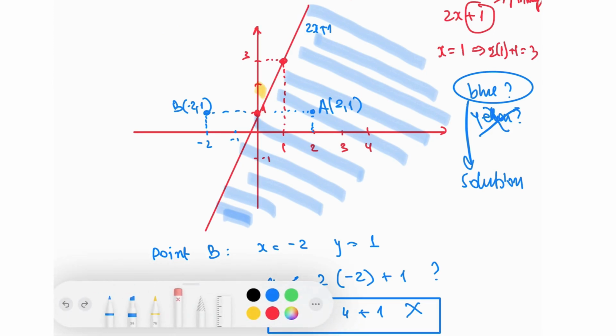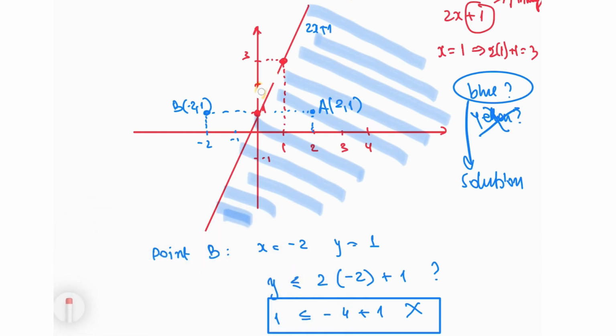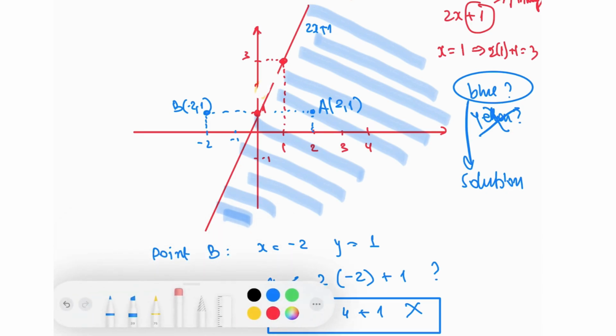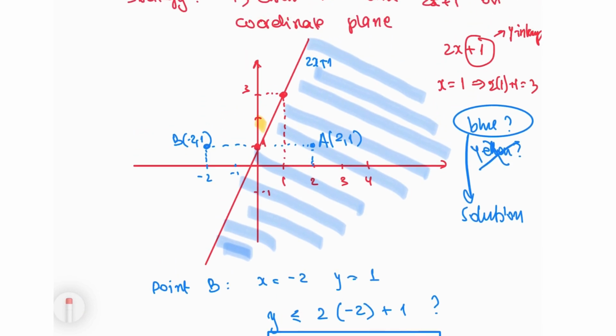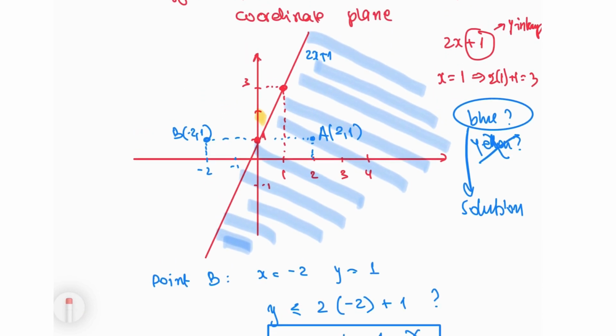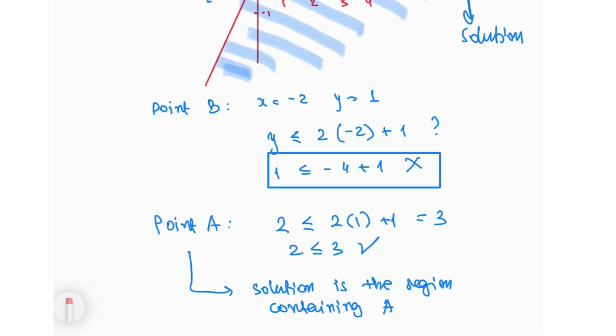Okay, sorry. I will just leave that one. So it is the blue color, so it is the region which is satisfied by this inequality.